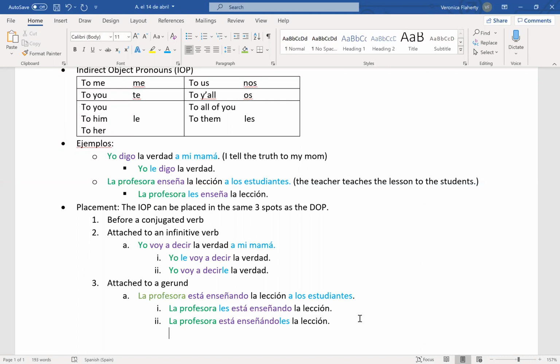So it's all just one word, enseñándoles? Yeah, that's all one word because you attach it directly to the gerund. Okay. Any other questions?